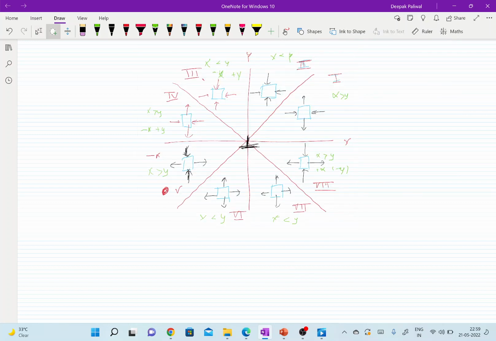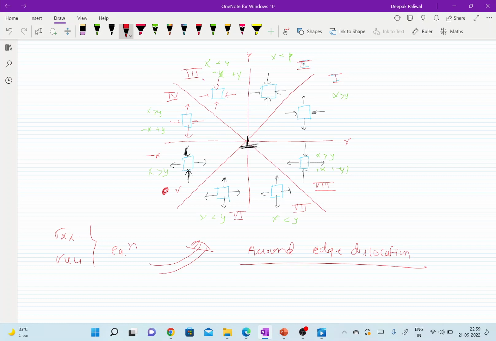So what we can observe here is the different stress fields at different positions around the edge dislocation. With the help of the sigma xx and sigma yy equations, we have deduced this particular stress field around the edge dislocation.